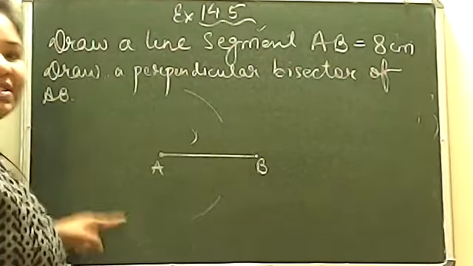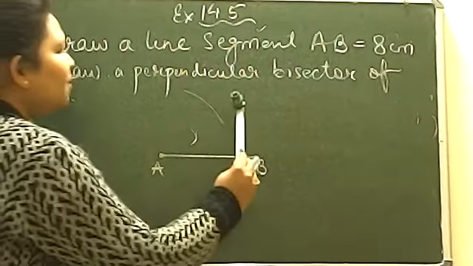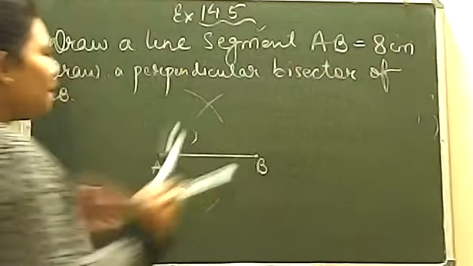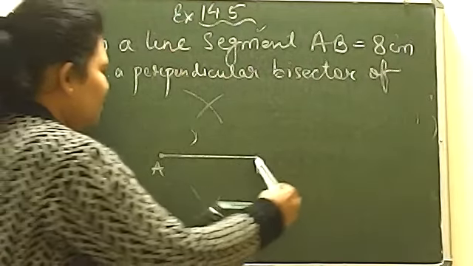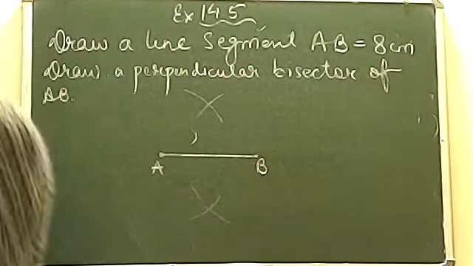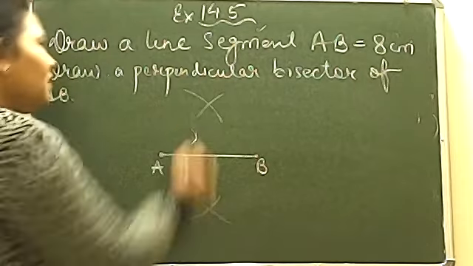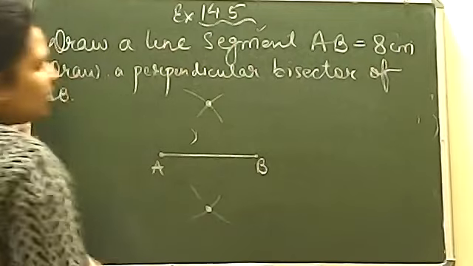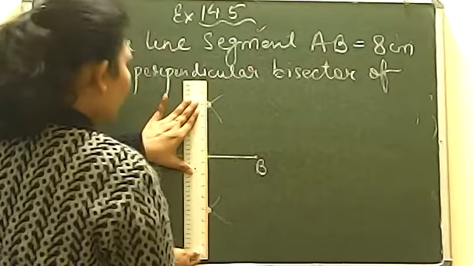Okay. Now the same thing, I'll be doing it from the other end, that is point B. Now upside and here downwards. I have drawn this, and now I'll be joining this point and this point with the help of scale or ruler.